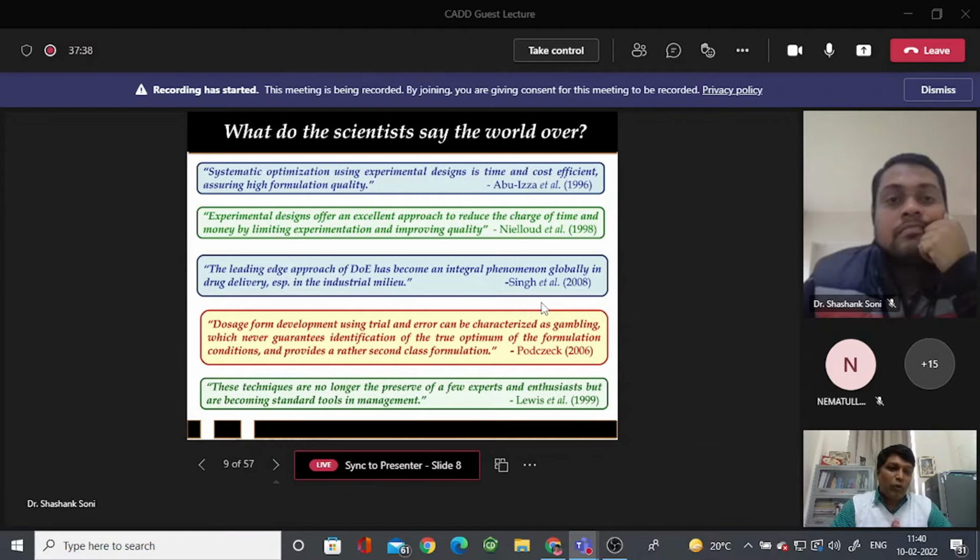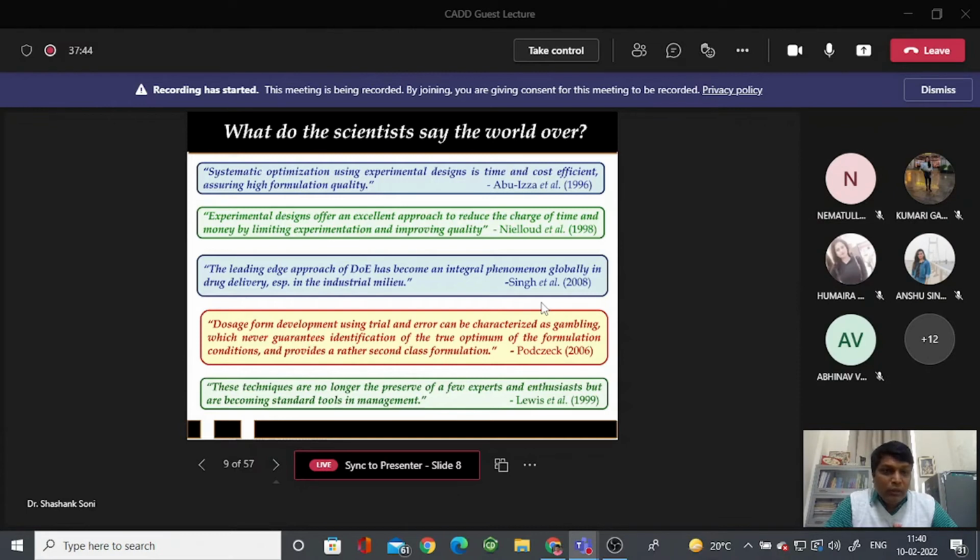Meanwhile, the quality of the formulation is also assured. Then what Newlord et al. is saying is that experimental designs offer an excellent approach to reduce the charge of time and money by limiting experimentation and improving the quality.